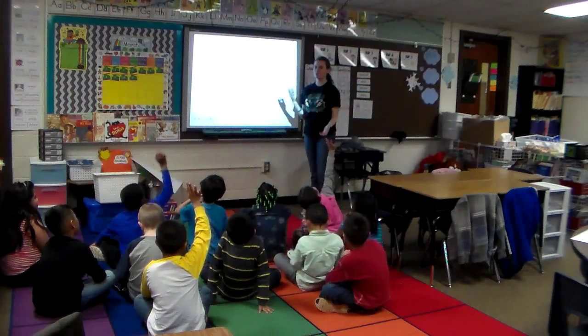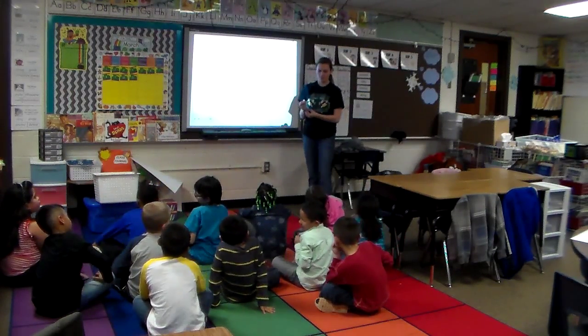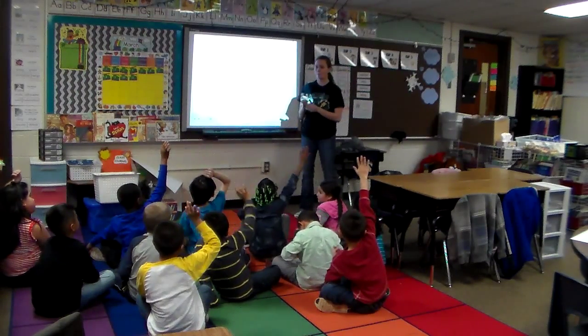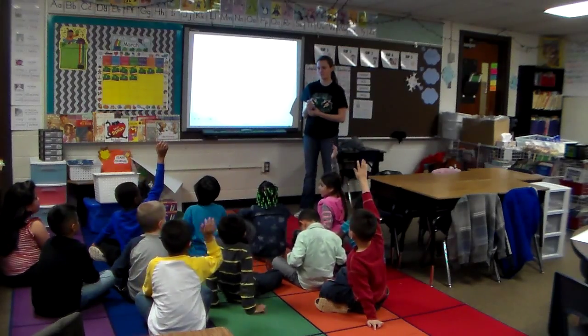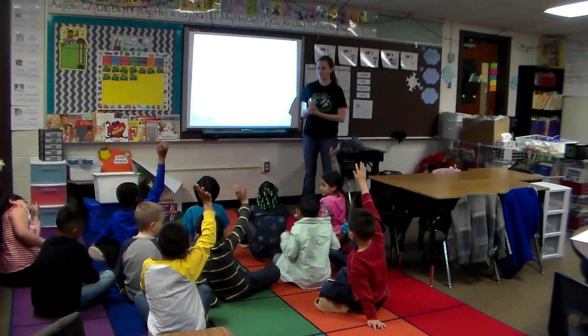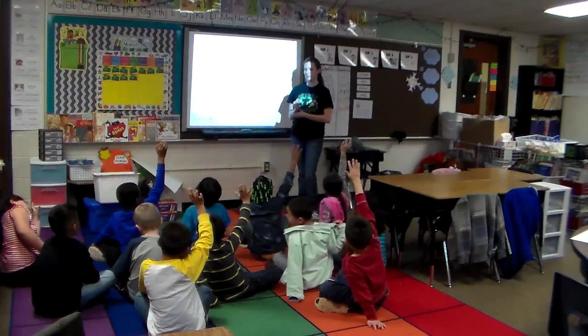Okay, so is that it? Is that all we do? No. We leave it like that? Yesenia, what do we do? We count the ones. How many ones do we have? Who can tell me? Paul. Do you need help?